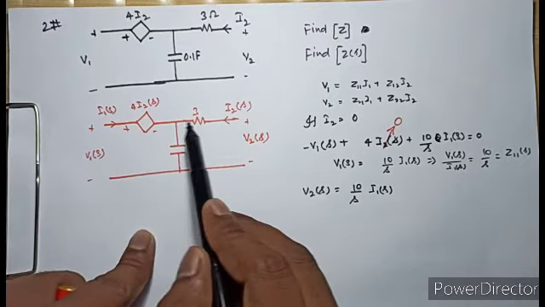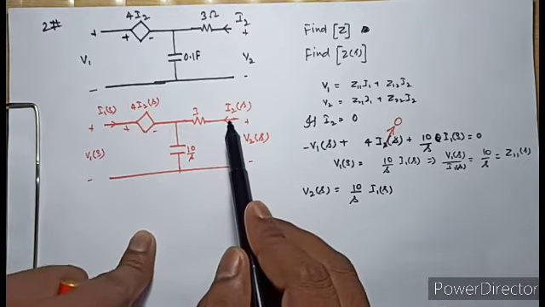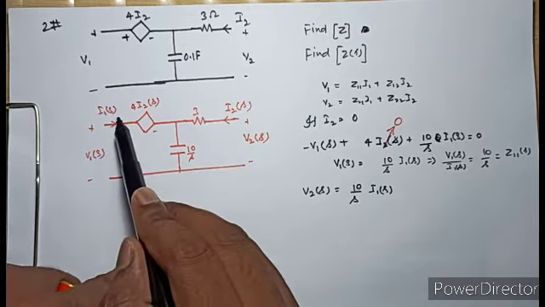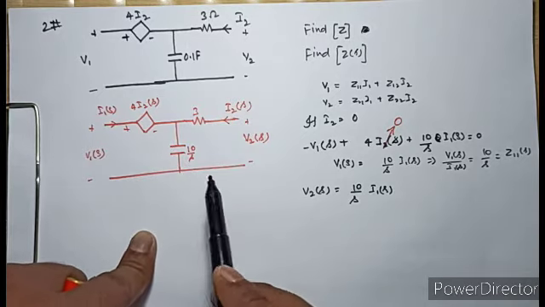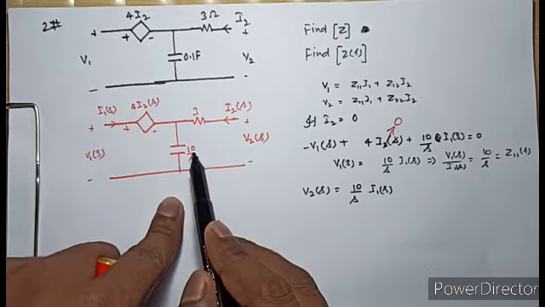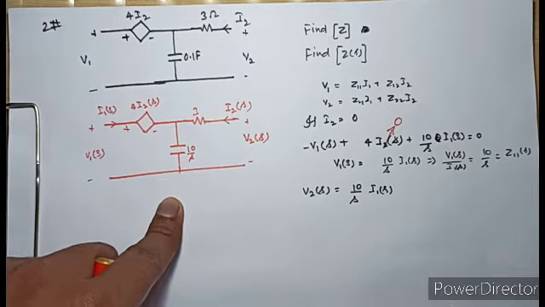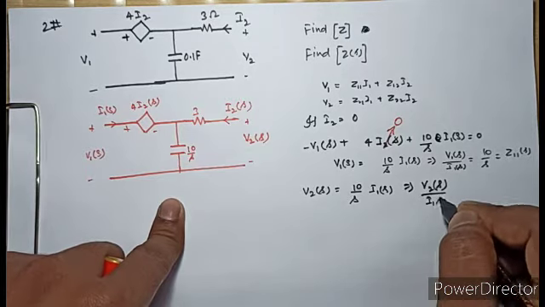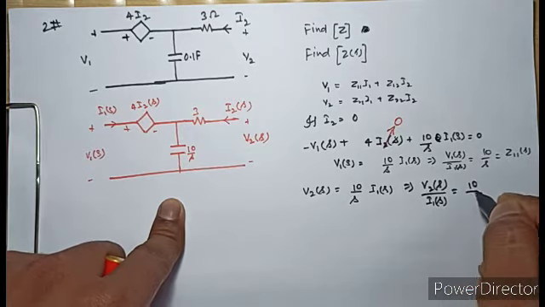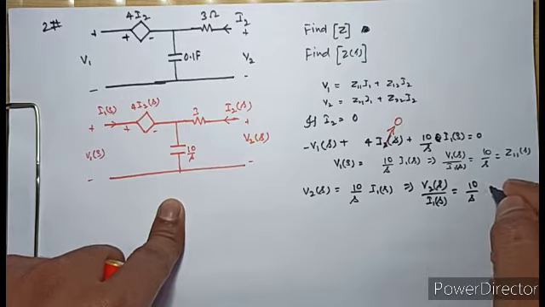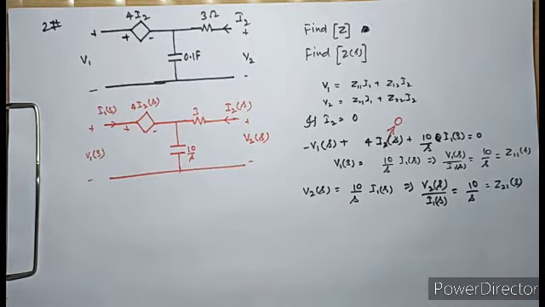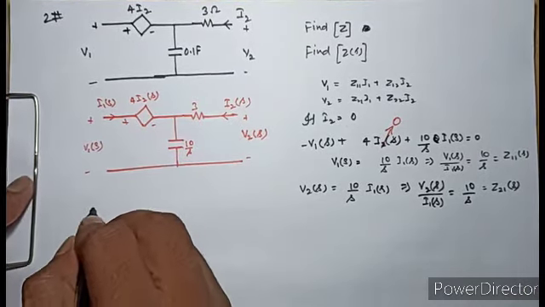And the current flowing through this is what? I1S. Why? Because I2 is 0 and this is open circuited, no current will flow through this, so all the I1 will flow through this, and the voltage drop across this is 10 by S multiplied by I1S, right? So V2S by I1S is equal to 10 by S, and this is nothing but our Z21S, isn't it?